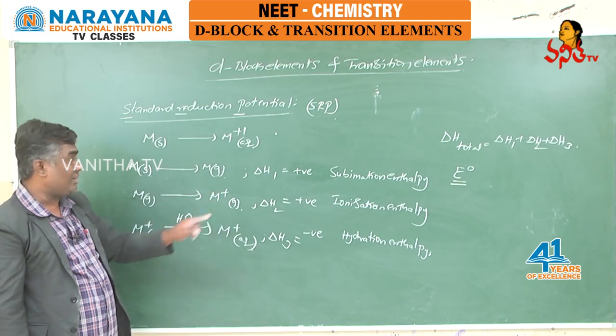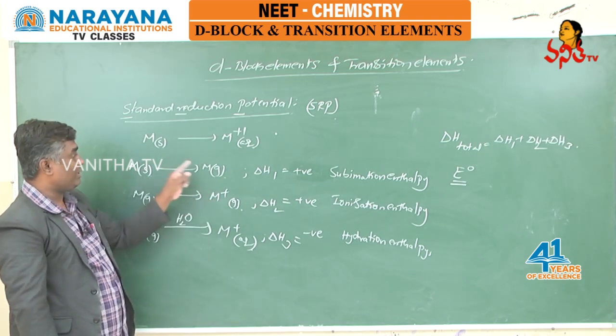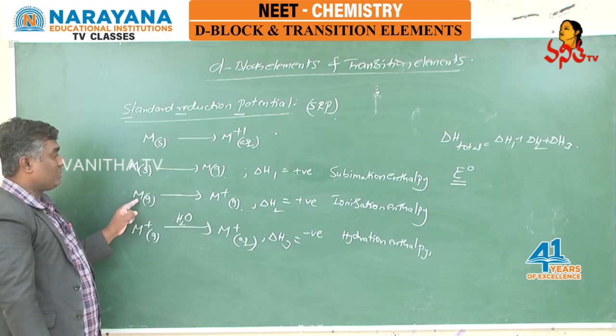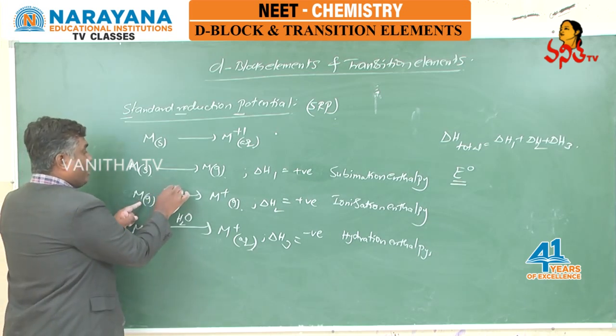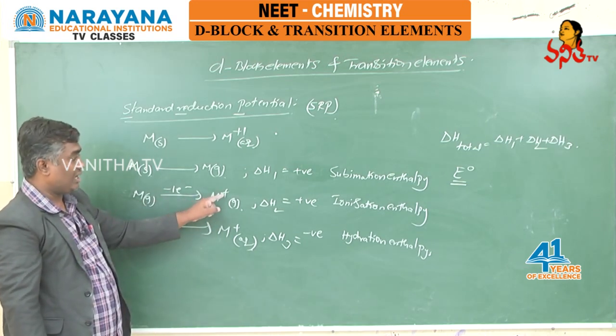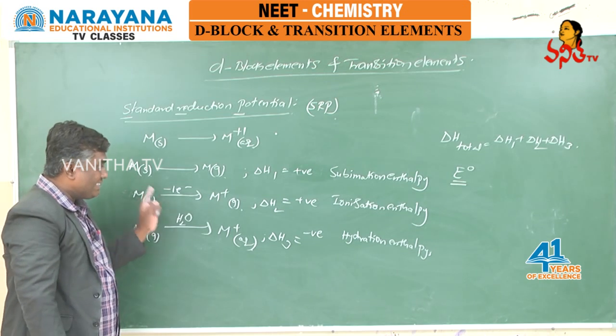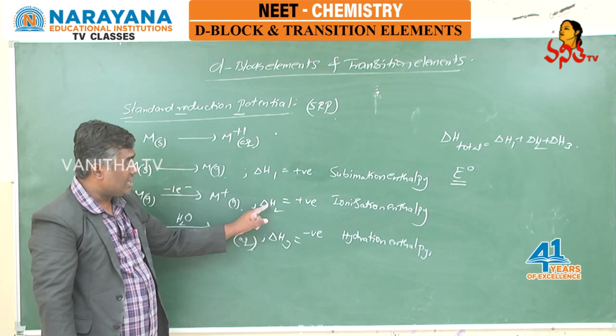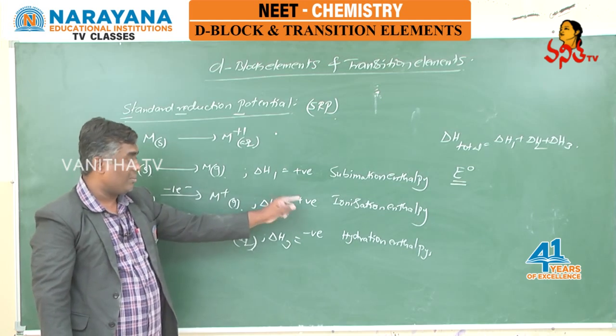Sublimation is the process in which solid is directly converted to gas. In the next step, from this gaseous metal atom I removed 1 electron, so that it becomes a gaseous metal ion, and the energy required is known as ionization enthalpy, which is also endothermic, so it is positive.